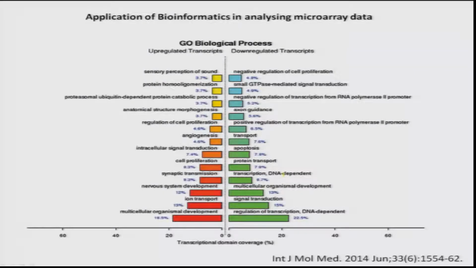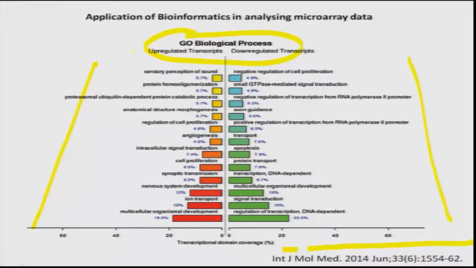I am going to give you examples of 3 case studies. We are not going into why this study was done. If you are interested, you can go and look at this particular paper. What I am showing is how they have analyzed the data. They have done a microarray between 2 different samples, and there are certain genes whose expression level came down and whose expression level went up, and they are looking at what is called biological process, right. What is the biological process?